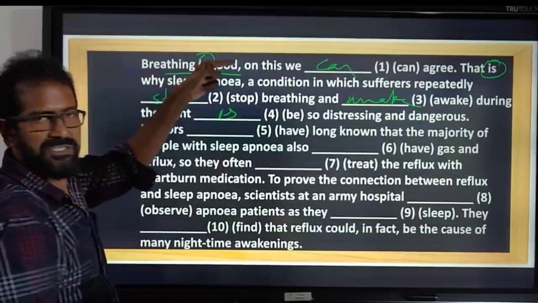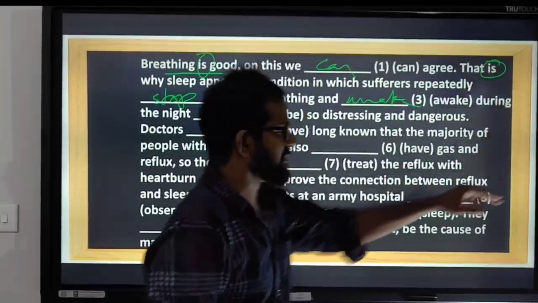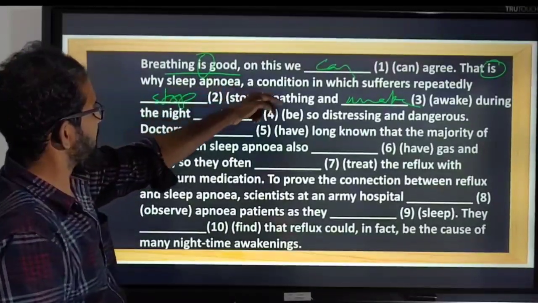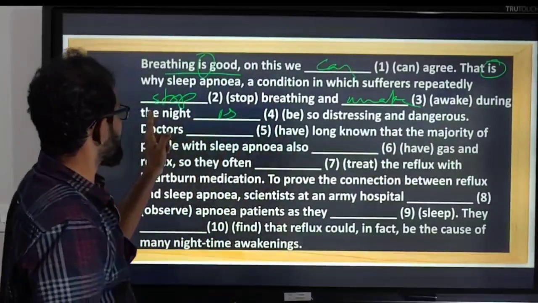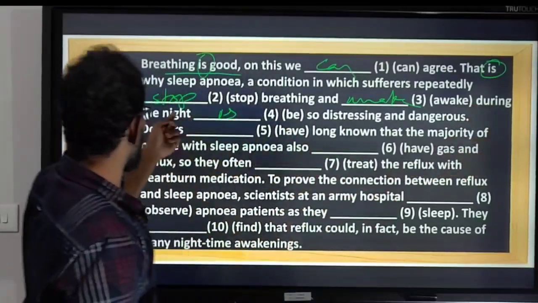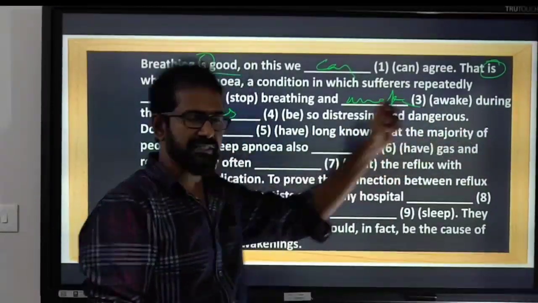Breathing is good. On this we can agree. That is why sleep apnea, a condition in which sufferers repeatedly stop breathing and awake during the night is so distressing and dangerous.